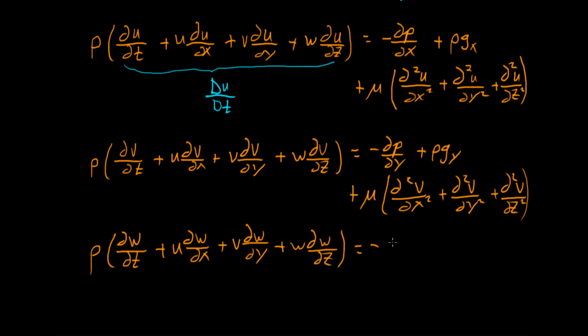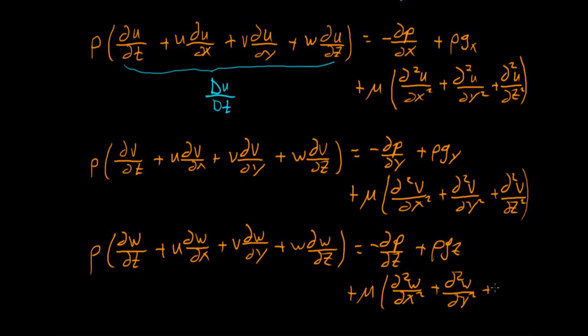And that's going to be equal to minus the derivative of pressure in the z direction plus rho g z. And we still have viscous forces: mu times d squared w dx squared plus d squared w dy squared plus d squared w dz squared.